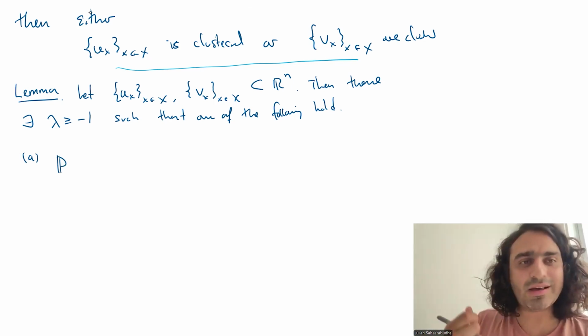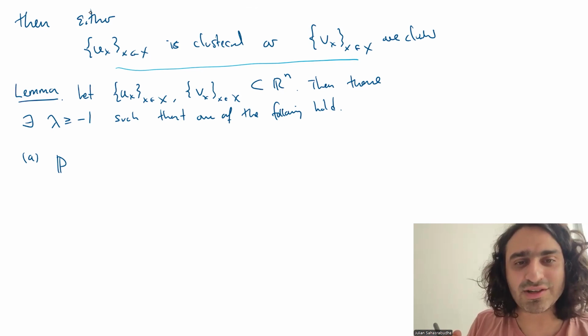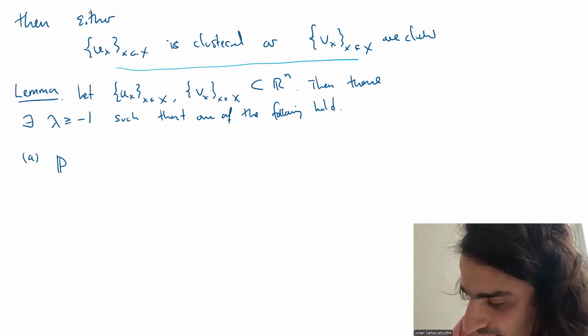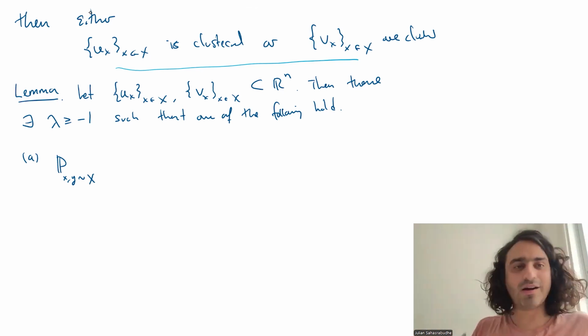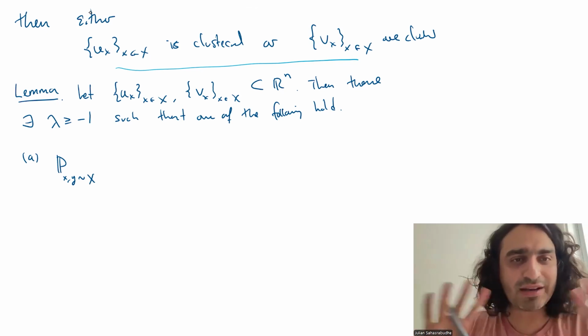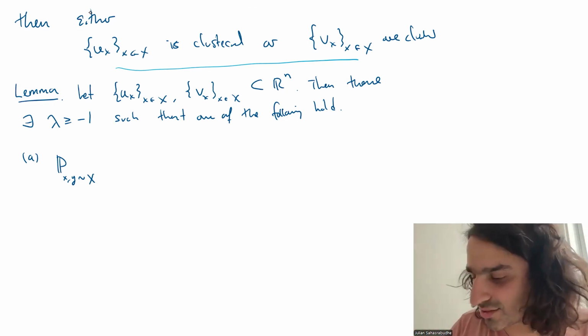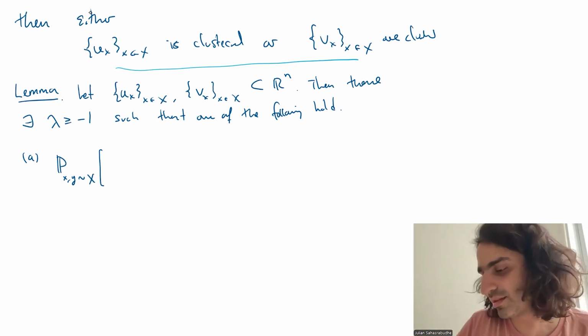Here I'm going to go to a probabilistic notation. I'm thinking of sampling X and Y randomly from our vertices, uniformly at random. Nothing fancy. It's just useful to switch the notation here.